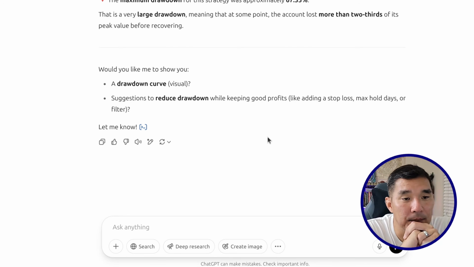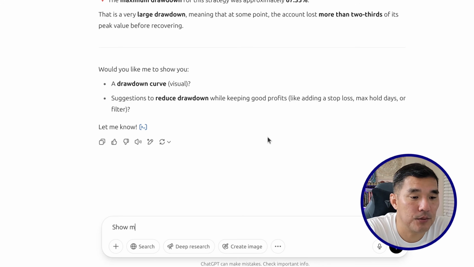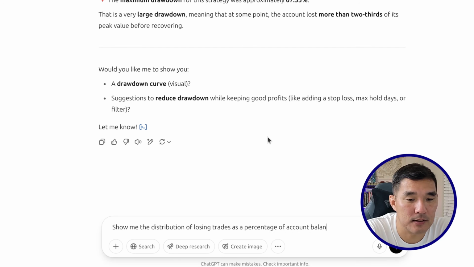So let's say I first need to see the distribution of wins and losses, and that could give me a clue as to where the stop loss could be. So I'm going to say, show me the distribution of losing trades as a percentage of account balances in a graph.